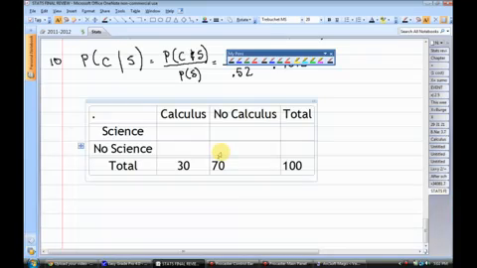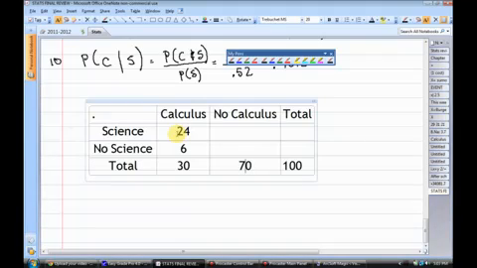All right. Well, of the people who took calculus, 80% of this 30 took science. So it's 80% of 30, 24. So 24 students took science. That means the rest of them did not take science. Of the people who did not take calculus, 40% of them took science.